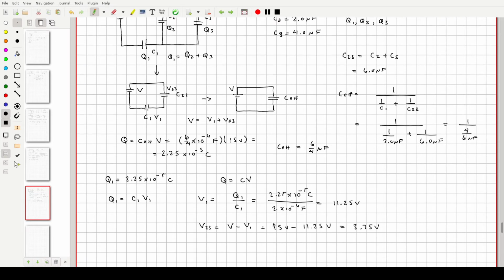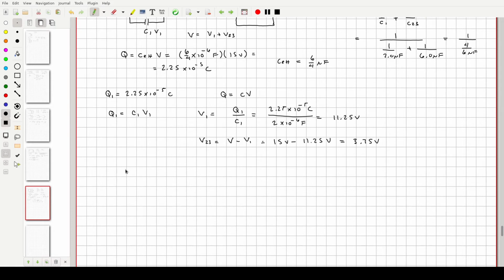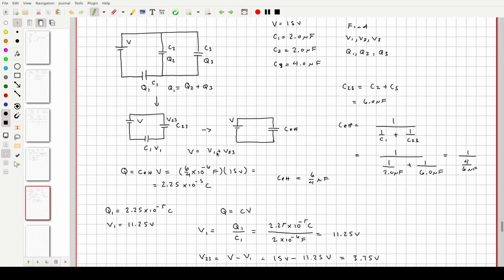So we found V1. So Q1 is this. Let me wipe this out right here. V1 is this. This is V23. Now what's V23?